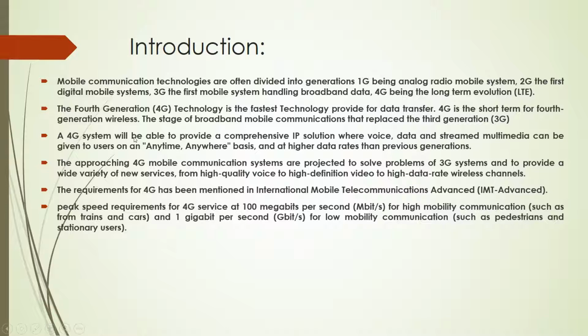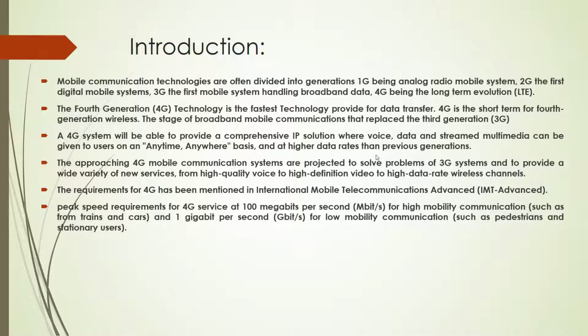The 4G system is provided with a comprehensive IP solution where voice, data and streamed multimedia can be given to users anywhere and anytime, with data rates higher than previous generations like third generation and 2.5 generation.